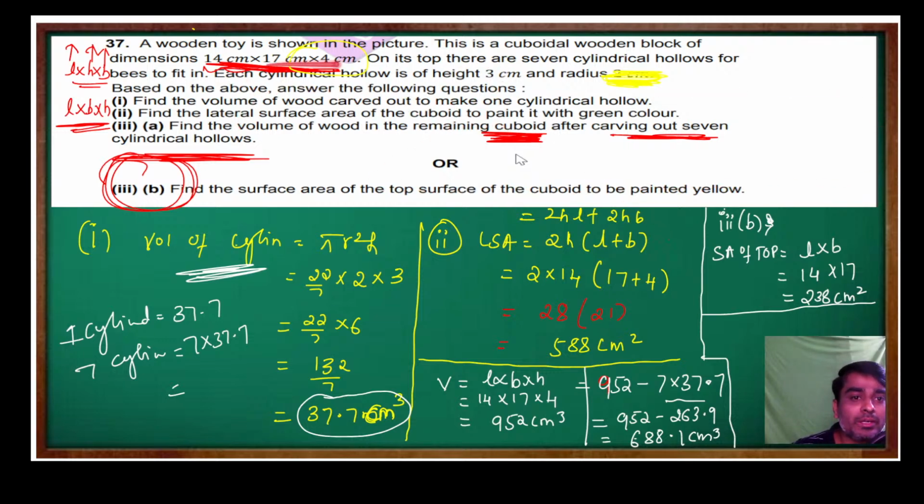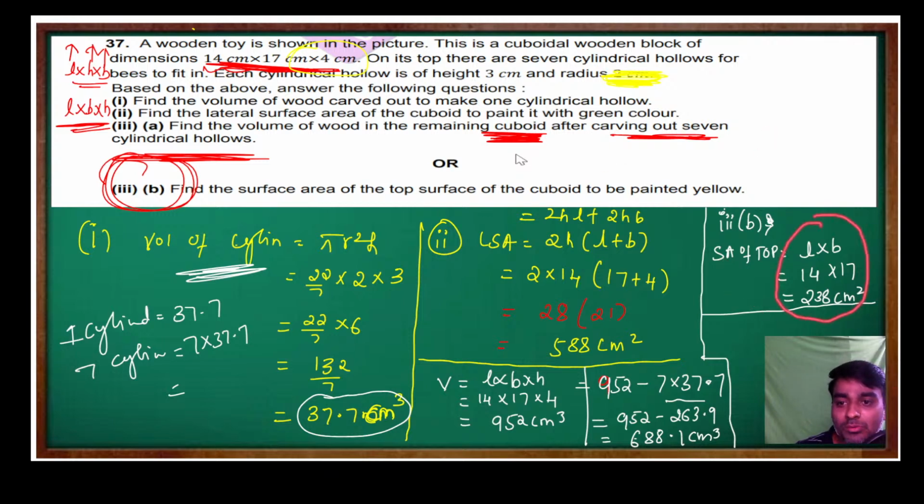And also remember, when the dimensions are given like this, 14 into 17 into 4, this order is always LBH. That you should keep in your mind, or else you will go wrong here.